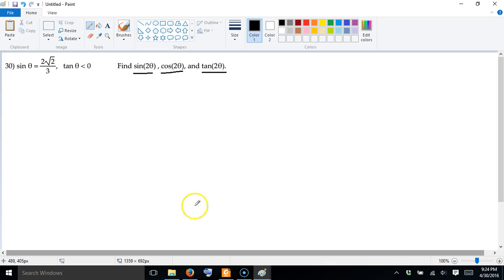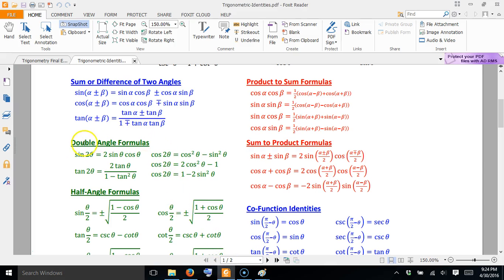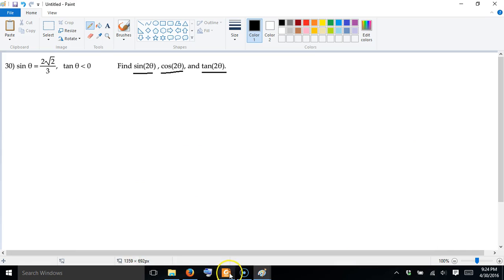These are the double angle identities right here. If you're asked to find sine of 2 theta, you need to have the values for sine and cosine. So let's go ahead and find the one we do not have, which is cosine.